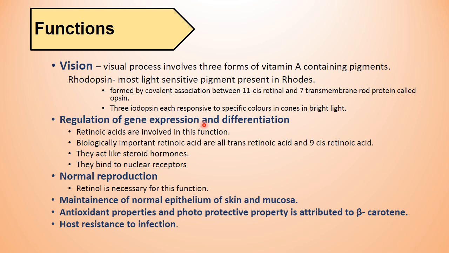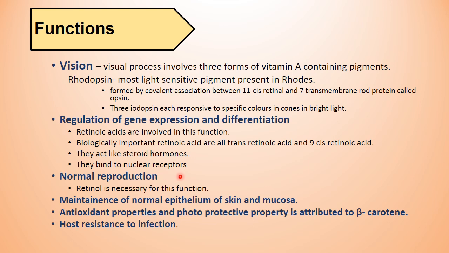Number 2 function of vitamin A is that it regulates gene expression and differentiation. Retinoic acid is involved in this function. The biologically important forms are all-trans retinoic acid and 9-cis retinoic acid. They act as steroid hormones and bind to nuclear receptors.